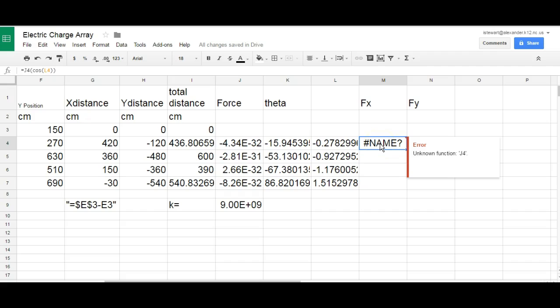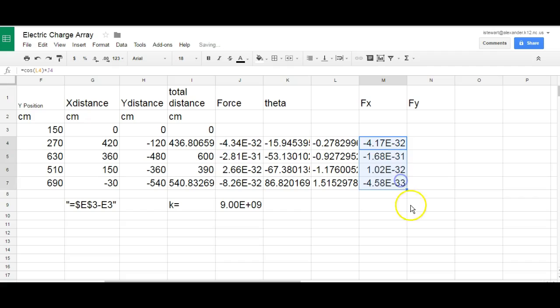We need to do it this way. Multiplied by our force. And that should give us our force in the x direction.